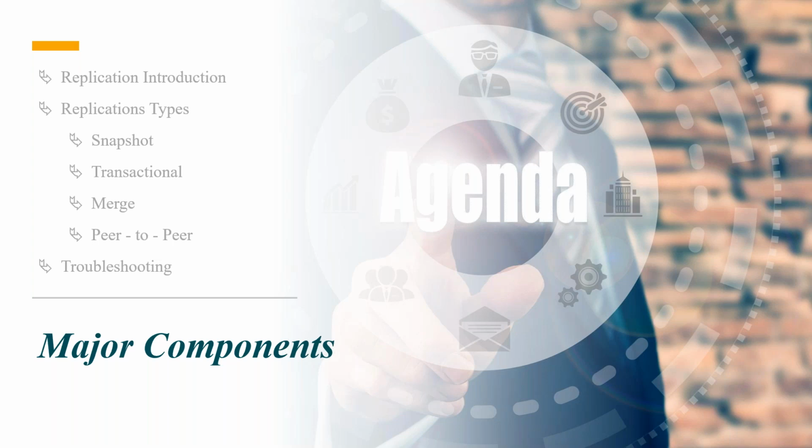You can configure snapshot replication, sir. The way you configure transactional replication, the same way you will configure snapshot replication. We will walk through replication internals, there are a lot of internals, and we'll also discuss replication troubleshooting.